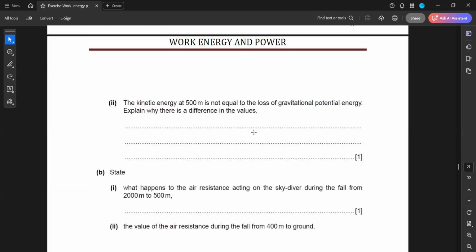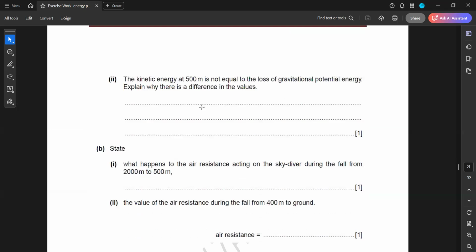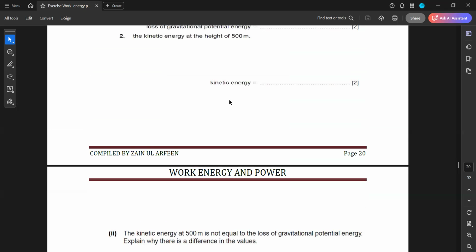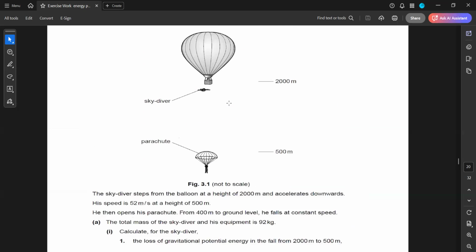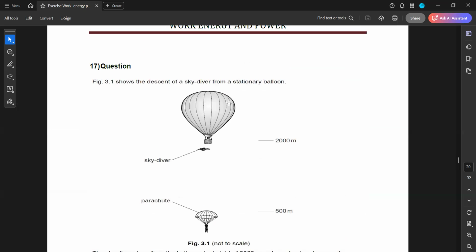The next is, the kinetic energy at 500 is not equal to the potential. What is the difference? Like if I say the gravitational potential energy for the skydiver is, let's say, 100 joules. So when he is falling at 500 meters, he should have a kinetic energy of 100, but he's not having 100, he's having less than 100. So what is the reason for that?